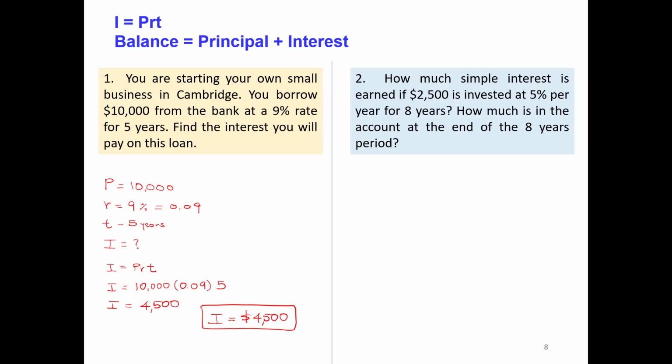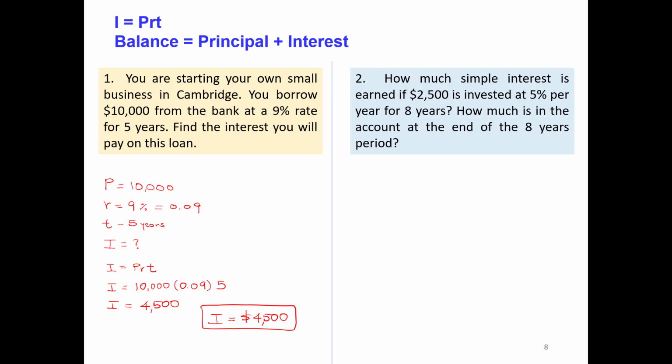Let's try problem number 2. How much simple interest is earned if $2,500 is invested at 5% per year for 8 years?